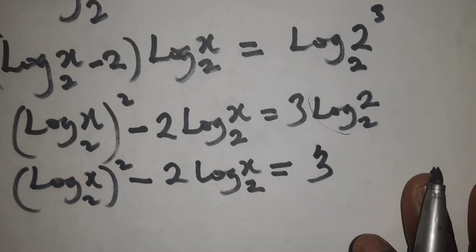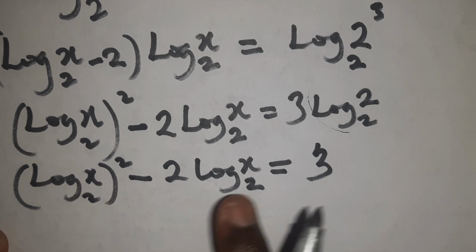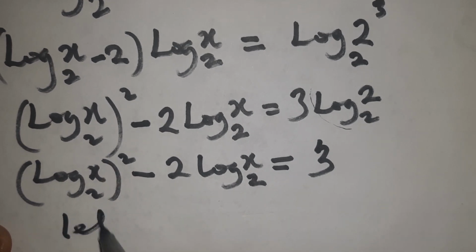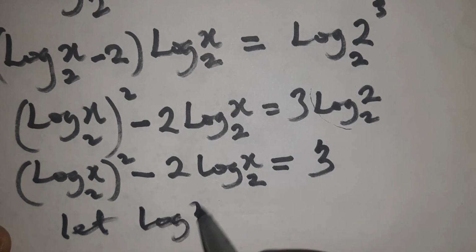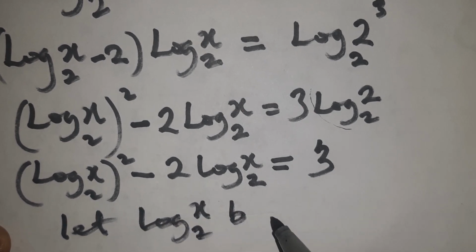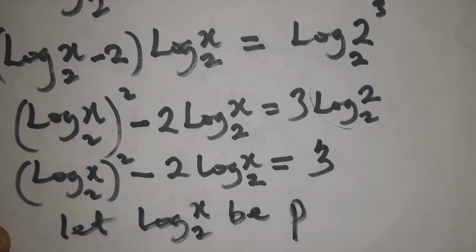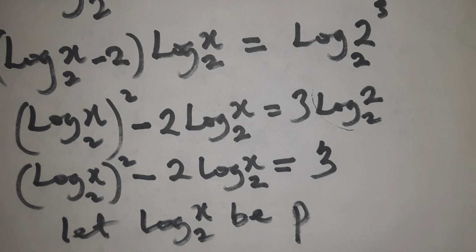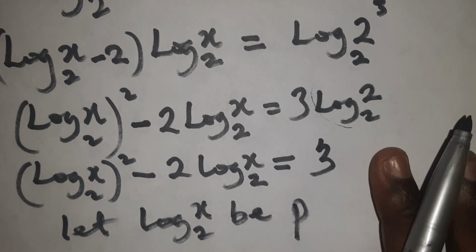Then notice that I have log x base 2 common on the left hand side, so I can replace it with a letter. I can say let log x base 2 be p. So I'm fixing p here. This one now becomes p squared minus 2p equals 3. So let's do that right away.